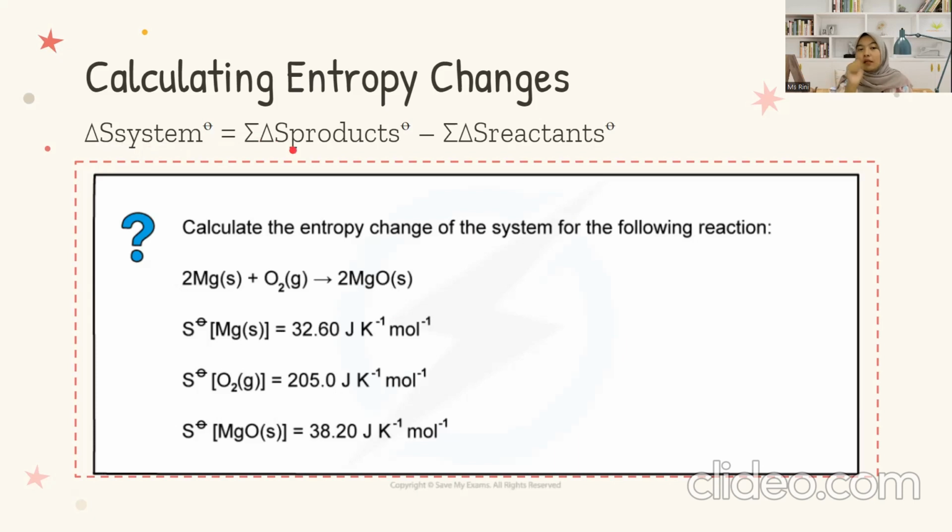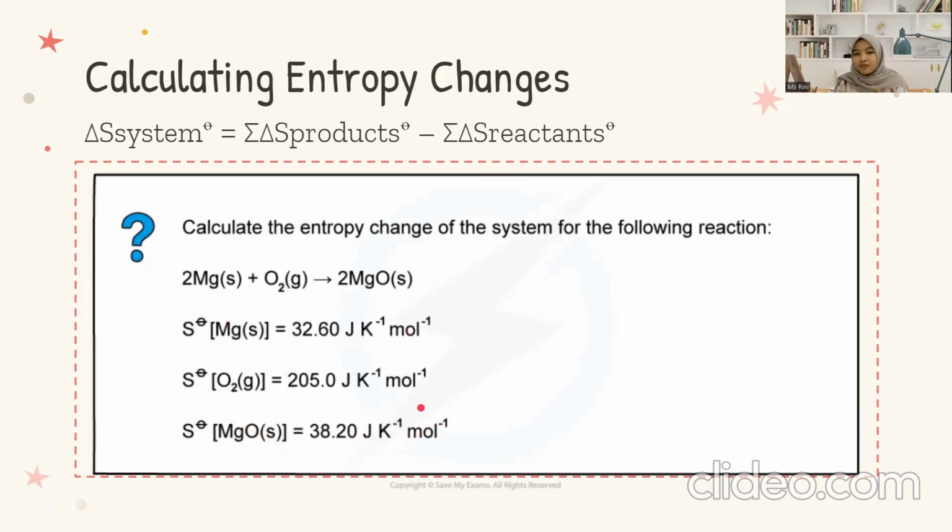You have to find sigma, or the total of the delta S in the product here after the arrow, minus sigma delta S in the reactant here before the arrow. And if your reaction has coefficients, don't forget to involve them, so multiply by the coefficient. And if you have the data, you can actually calculate the delta S, or the entropy, for that reaction.